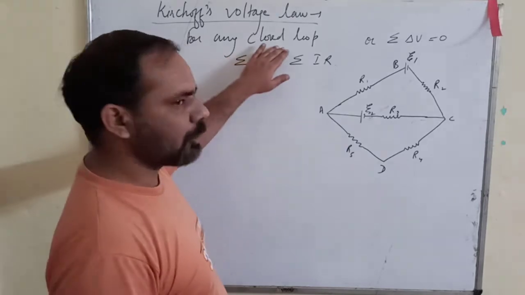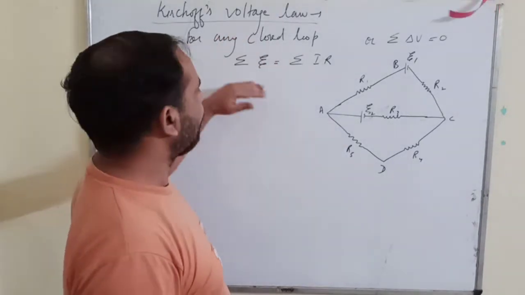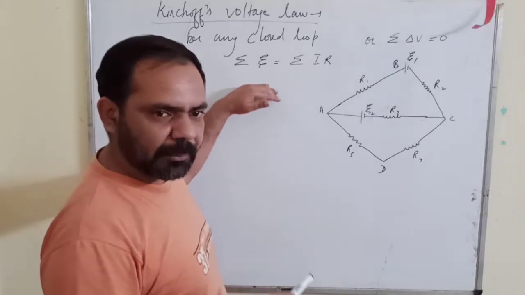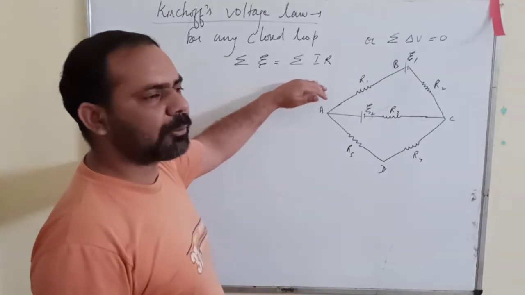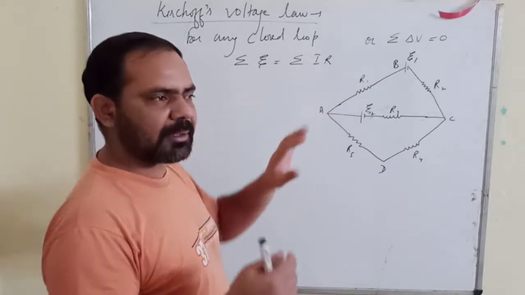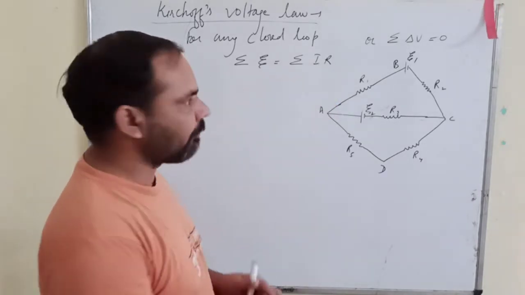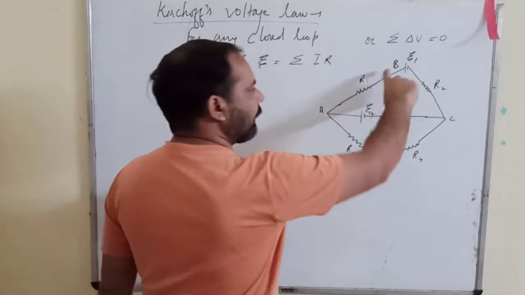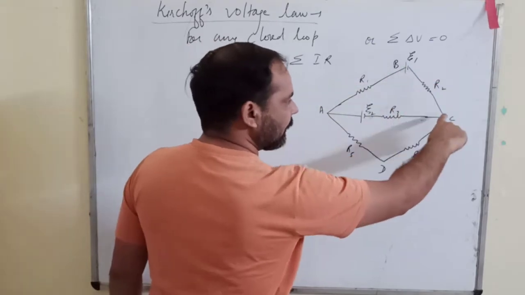So this is Kirchhoff's voltage law, and it is applicable on a closed loop. For any closed loop, what this law says is that the total EMF of a loop is equal to the sum of the product of current and resistances in the individual branches. The product of IR means the IR of this branch, this branch, this branch.